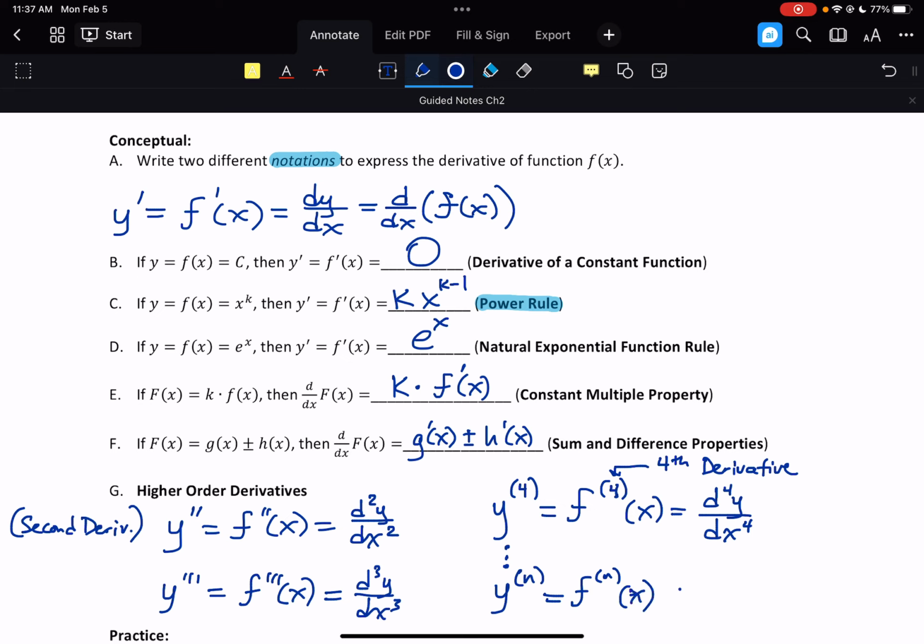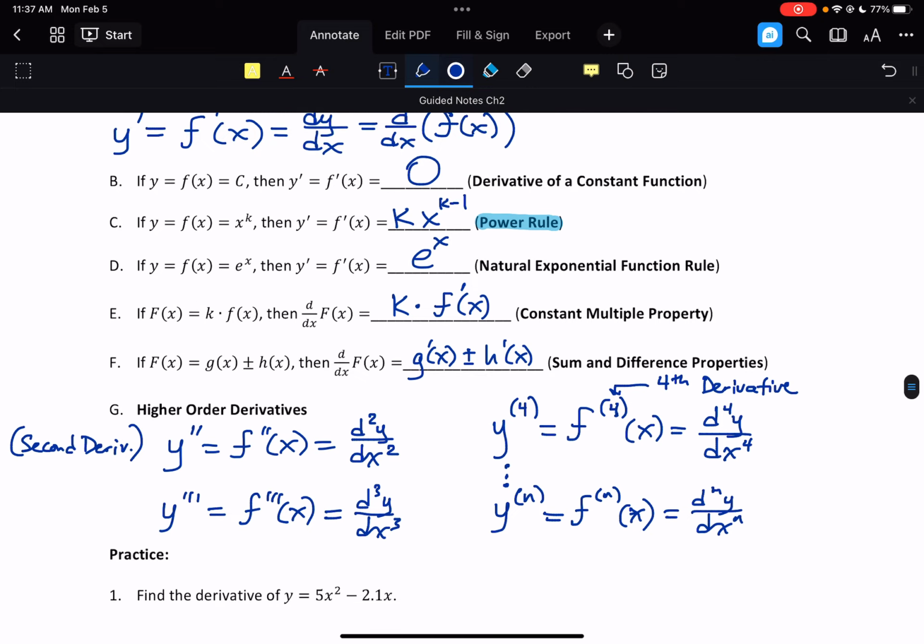We can take as many as we want, and just keep applying the same derivative rules and properties to them. So let's try some examples out here.